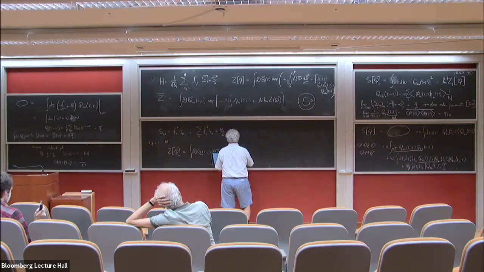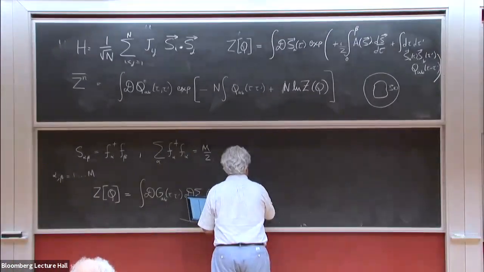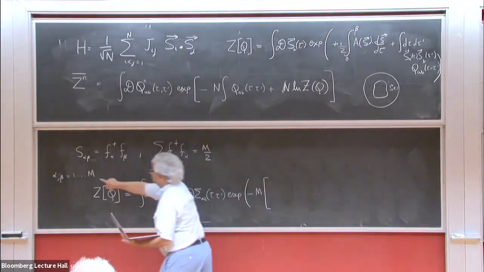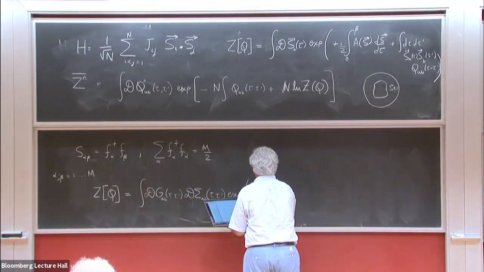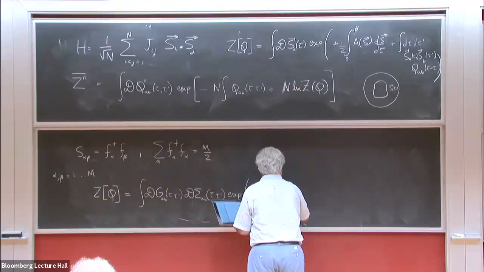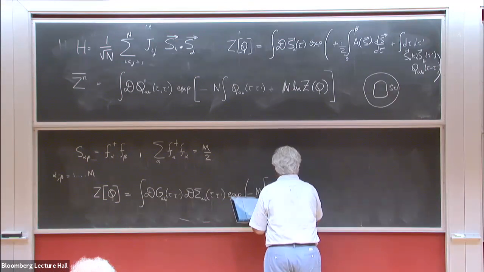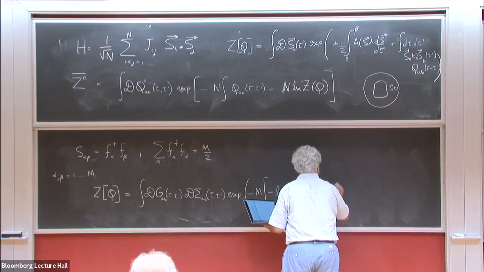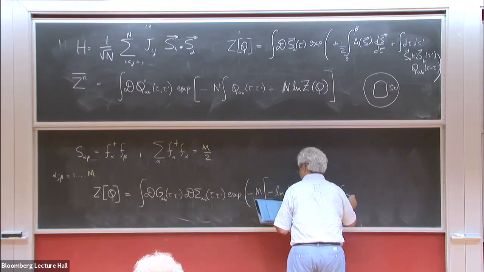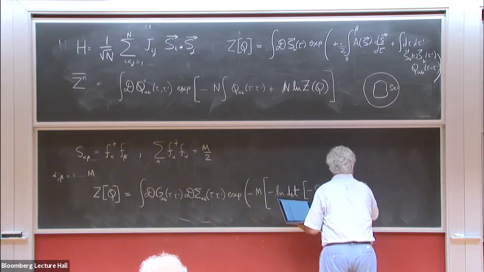So it turns out to be minus M. There's an M out front, where M is this index, which is 2 for the case we really care about, minus log det of delta of tau minus tau prime, delta_AB, i lambda.